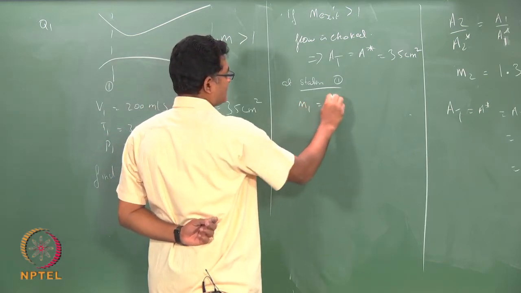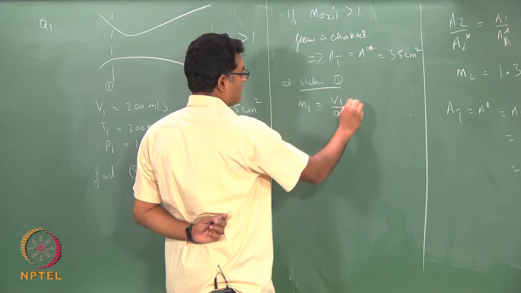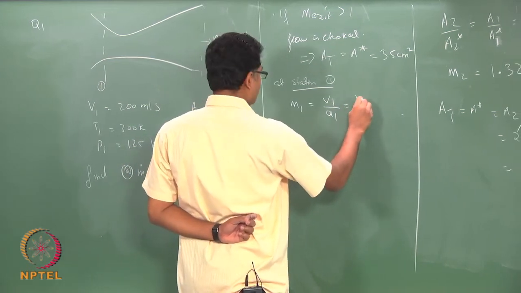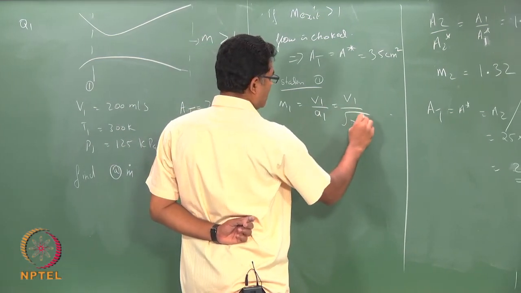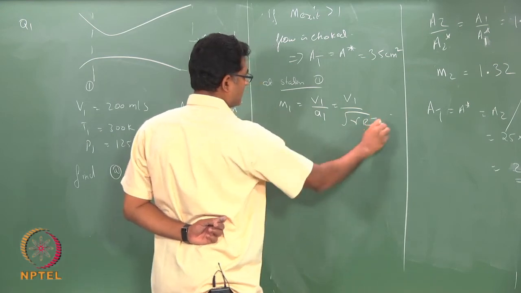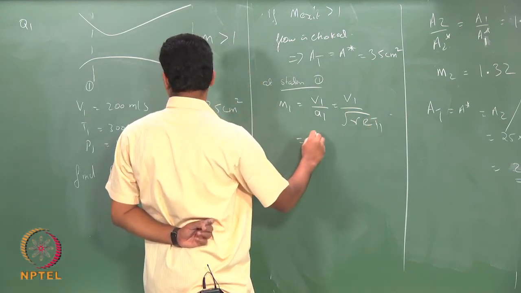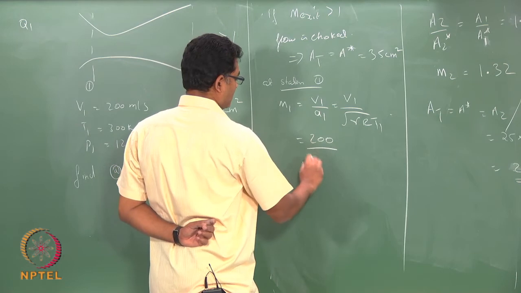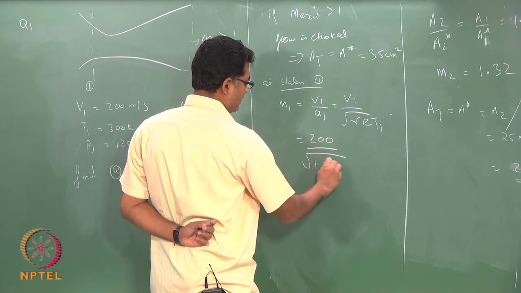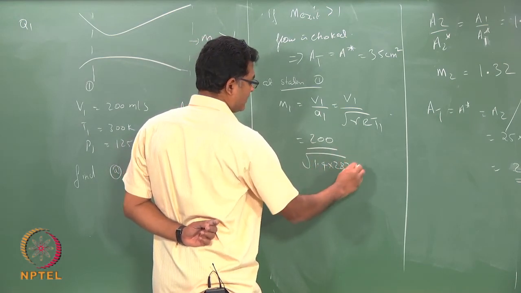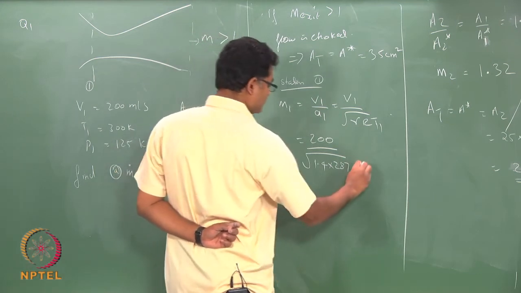my M1 is V1 by a, which is V1 by root of gamma R T1. So, V1 is 200 by root of 1.4 into 287 into T1, which is 300.